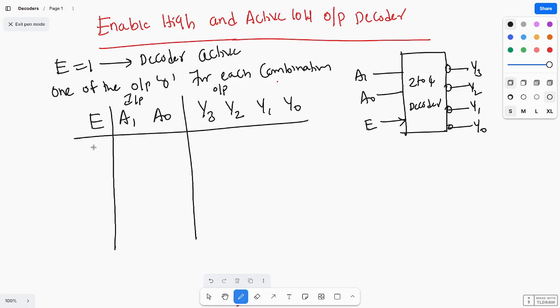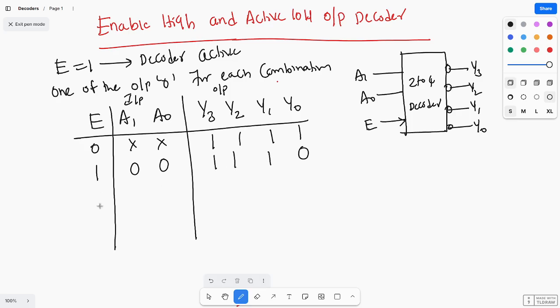When enable equals 0, whatever the inputs may be, all outputs should be 1. When enable equals 1 and the inputs are 0 0, y0 is 0 and all the others are 1.